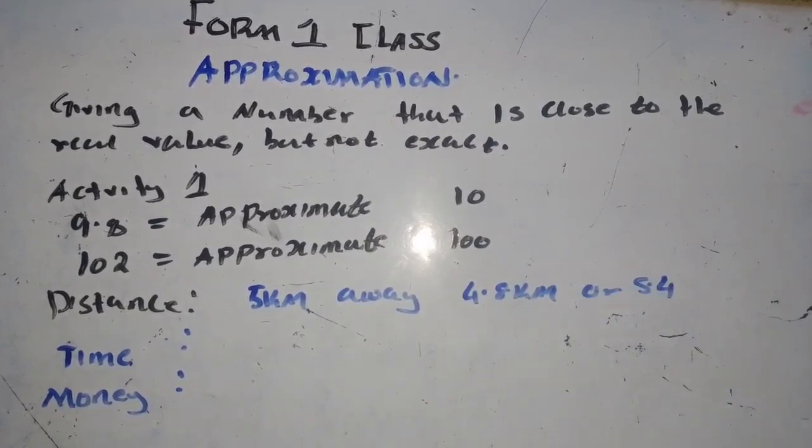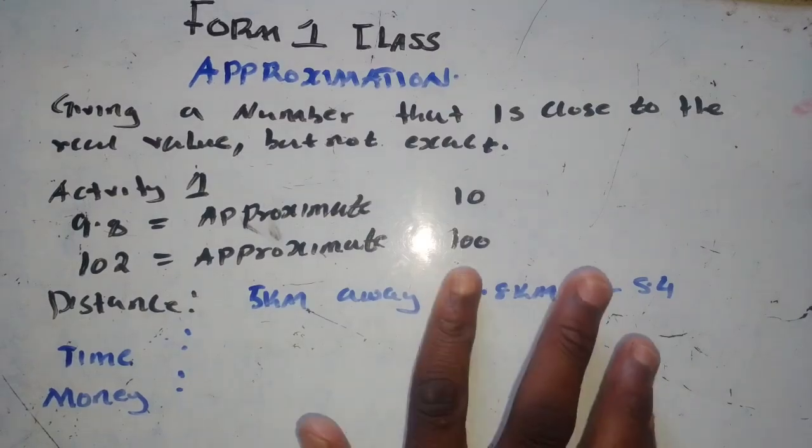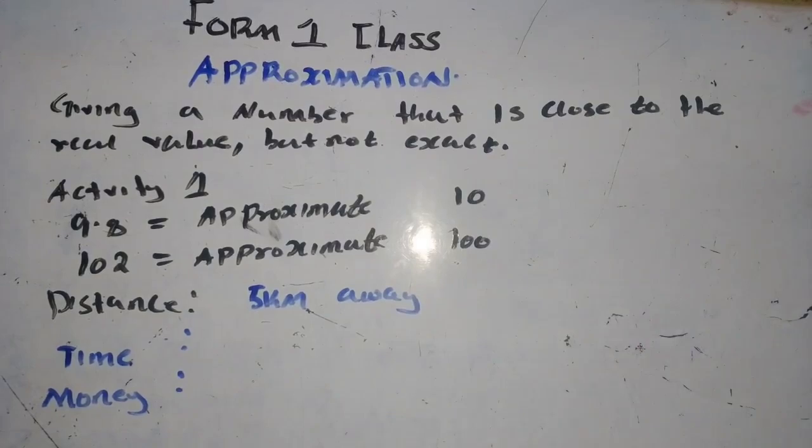So it's not exactly 5 kilometers, but it's near to 5 kilometers. It can exceed 5 kilometers just a little, or it can be below 5 kilometers just a little. And in time, you have heard a person saying wait for about 10 minutes.